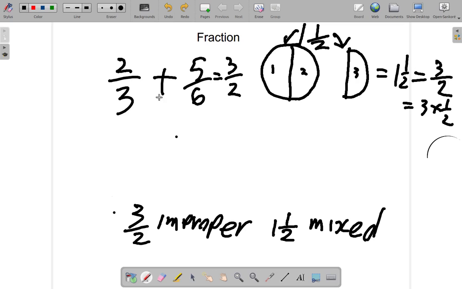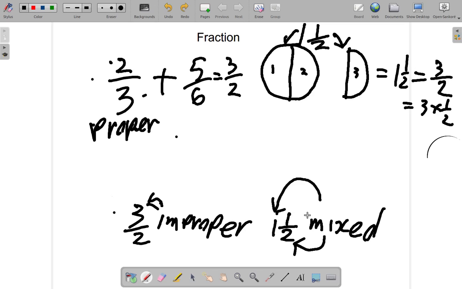2/3 is a proper fraction because you have a smaller numerator up top. 3 halves is an improper fraction because you have a bigger numerator up top. 1.5 is a mixed fraction. You have the whole number mixed up with the fractional part if you want to remember it that way.